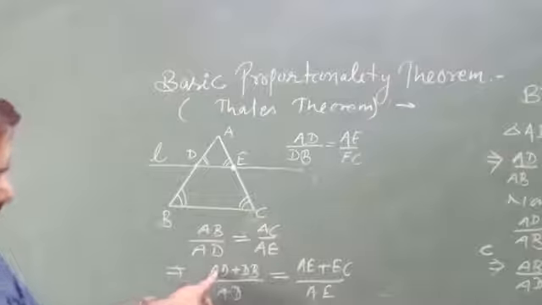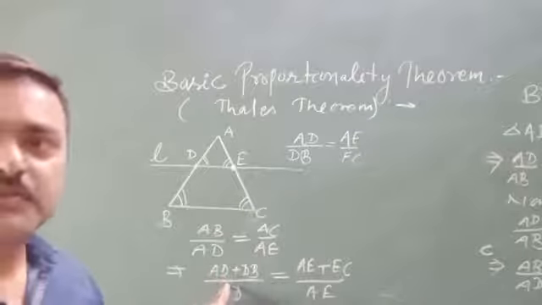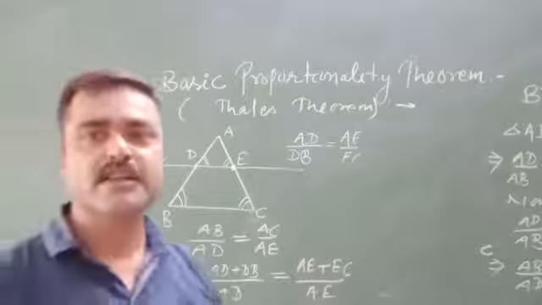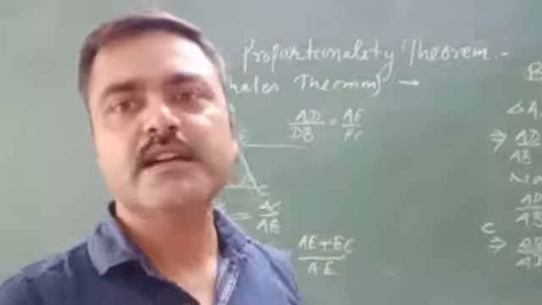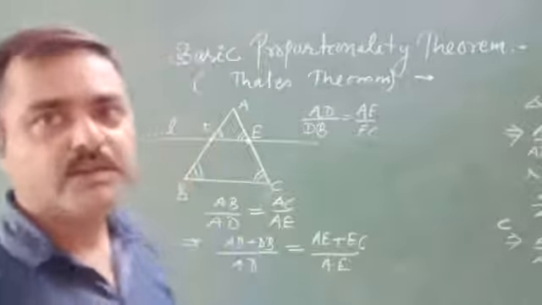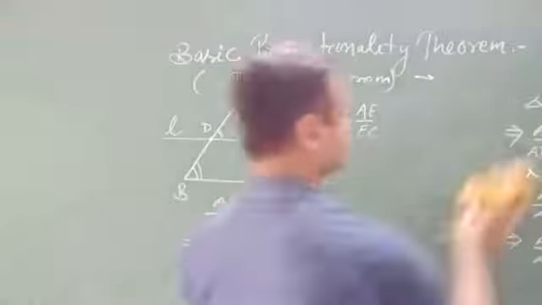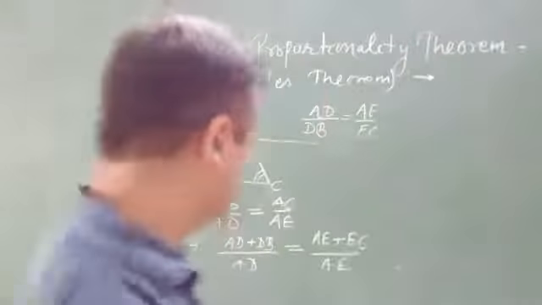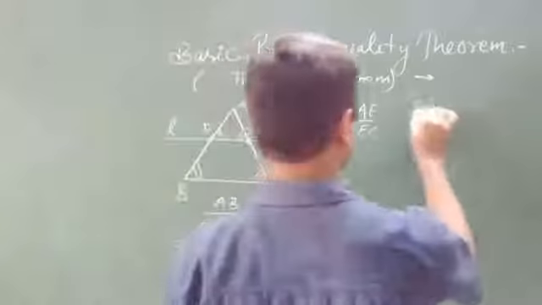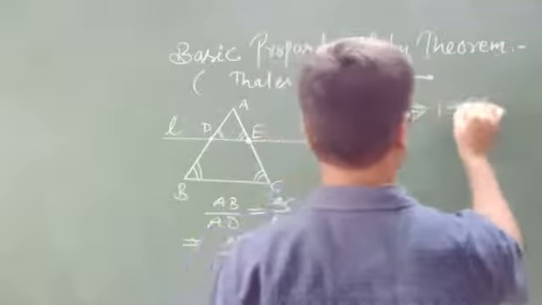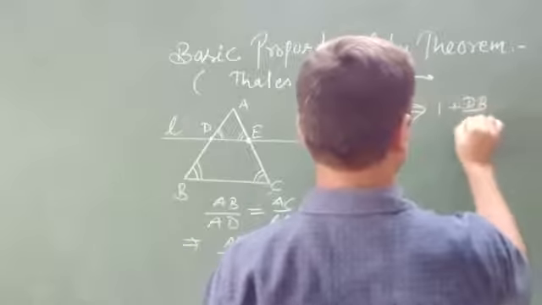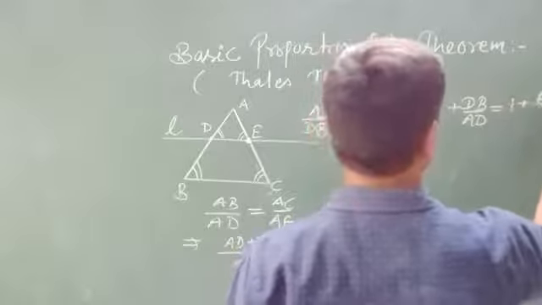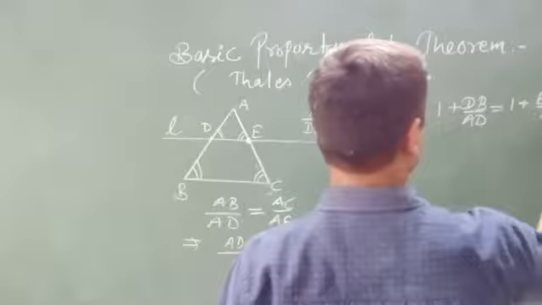Now if you divide AD by AD, you get 1, plus DB upon AD. So each term is divided separately. We get 1 plus DB upon AD equals 1 plus EC upon AE.